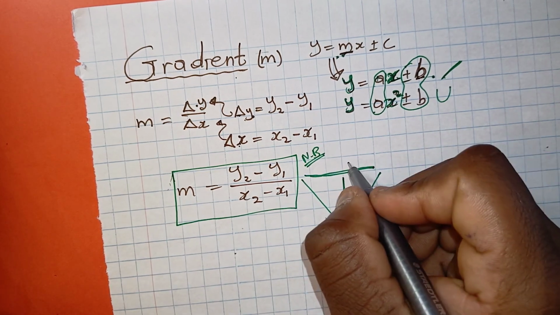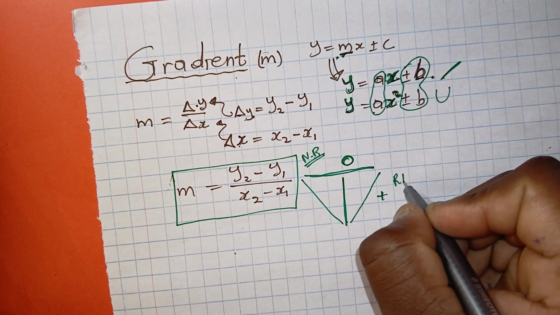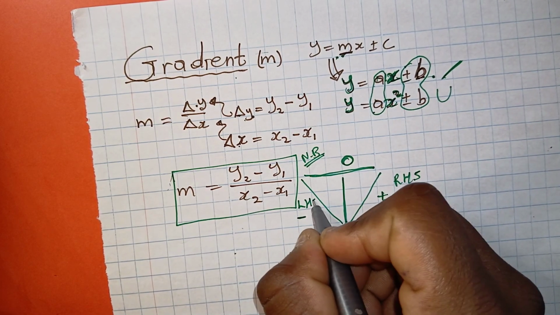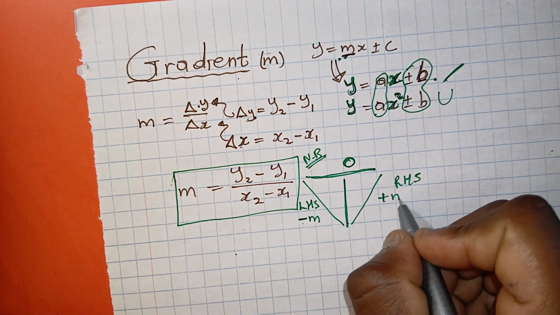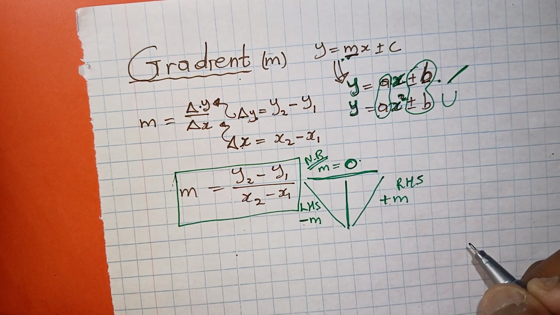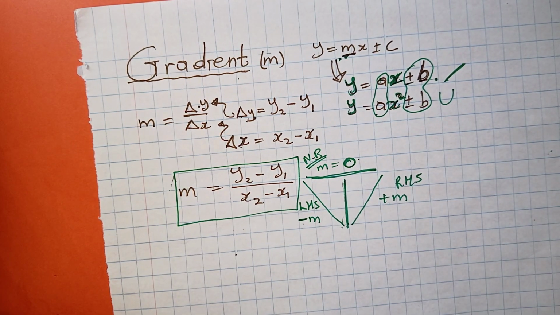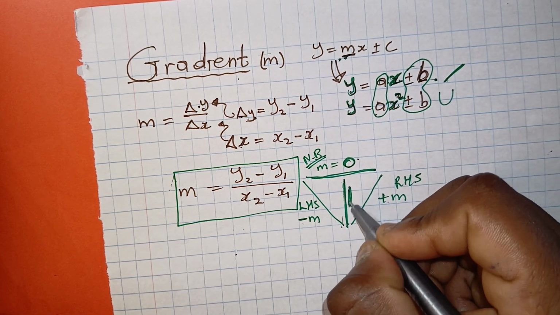Say here it's your head, this one is your right hand side, and this one is your left hand side. Meaning your gradient here is negative, here it's positive, and here it's equal to 0. What about the gradient here? Take this as the body of your system.